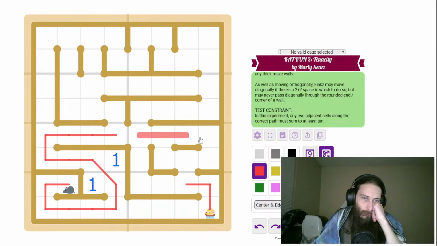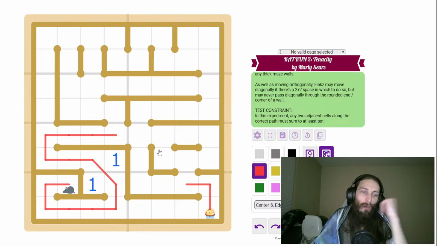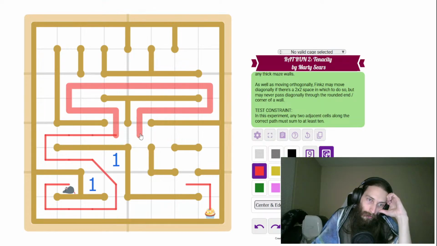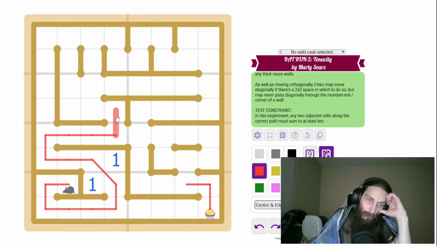I cannot use all of these. But I have to get into this box eventually. I have to get in here eventually. And the only way I get into here, even if I took a roundabout path that went like this, I have to use this cell. Right.